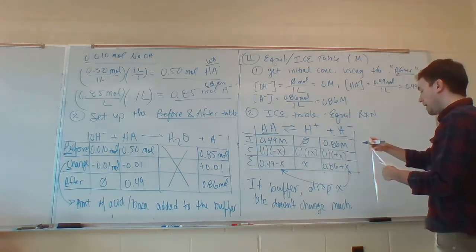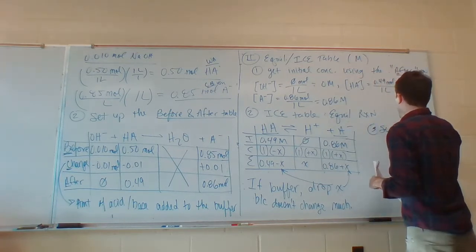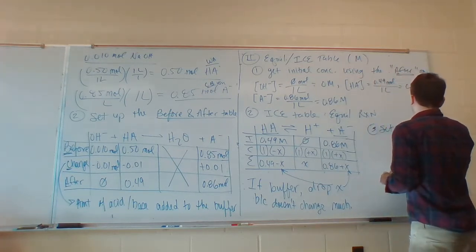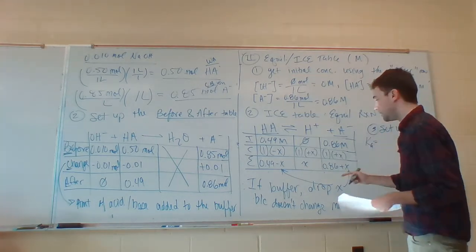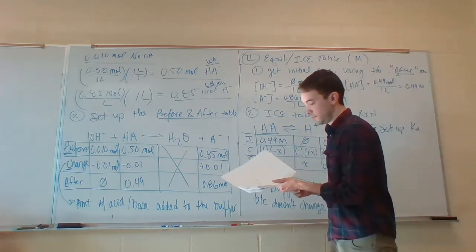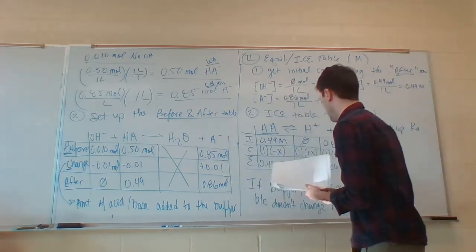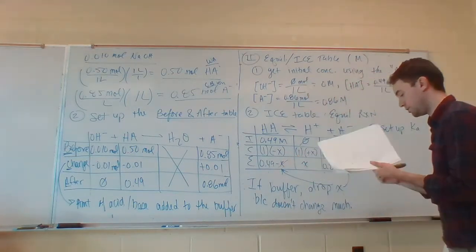Now, for step 3, we're going to set up our Ka expression. Our Ka in this case is going to be equal to, because I'm dropping my X's, I'm just going to put a little red line through those so that we know that those aren't there anymore.